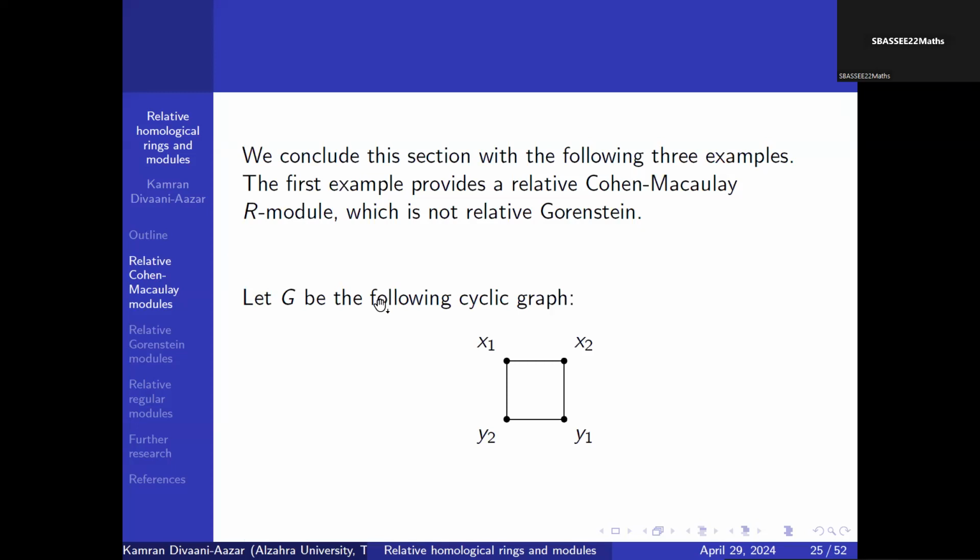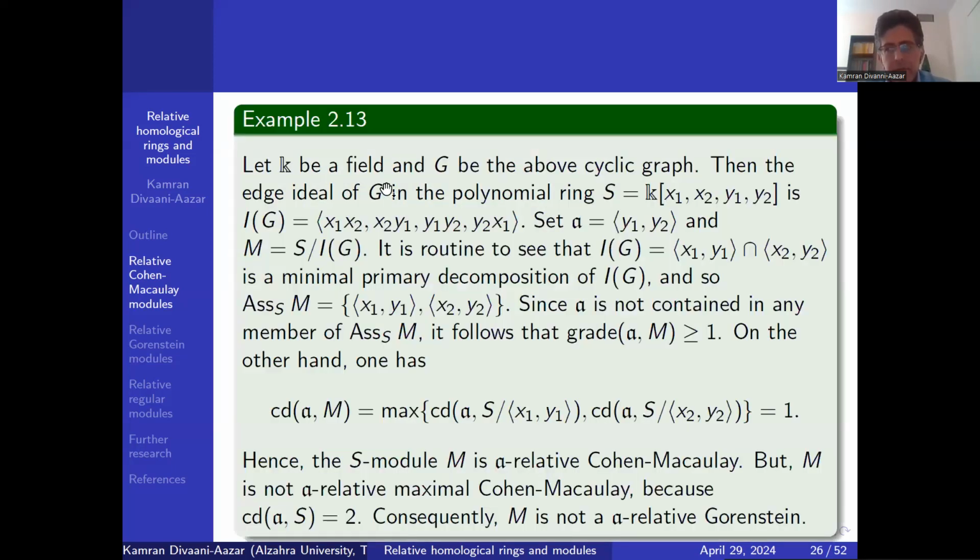So in the first example, I provide an example of a relative Cohen-Macaulay module which is not relative Gorenstein. Let K be a field and G be the above cyclic graph with 4 vertices.